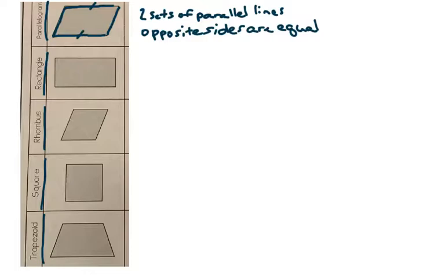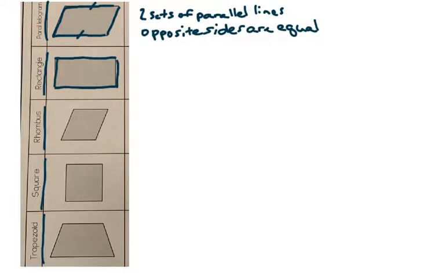So now let's look at the next shape. The next shape I have here is a rectangle. In order for it to be a rectangle, let's first check its parallel sides. Is this side parallel to this side? Is it keeping equal distance apart? Yes. And is this side parallel to this side? Yes.